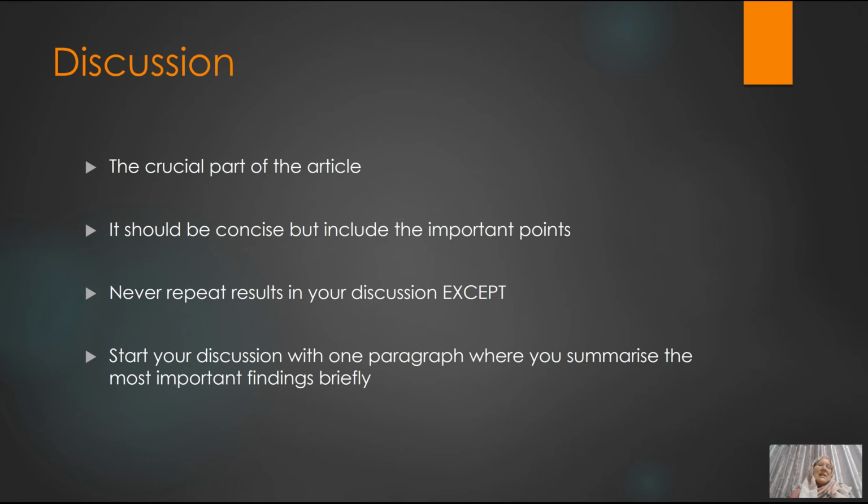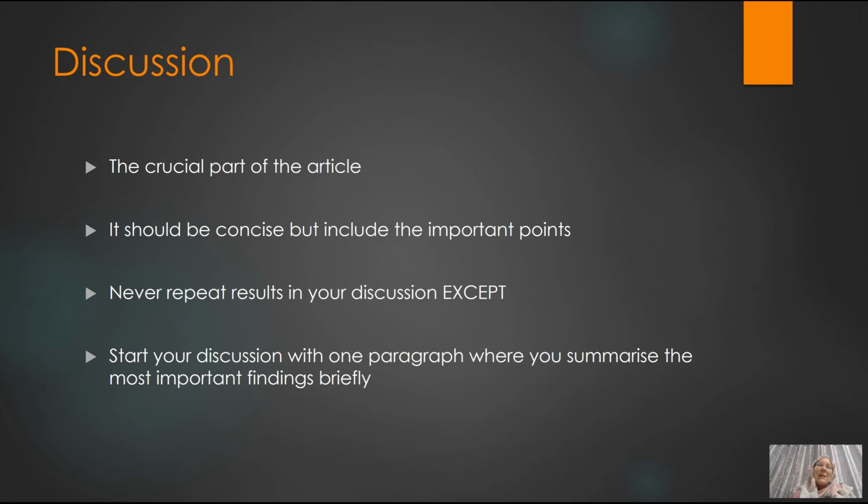Now we come to the discussion, and the discussion is the crucial part of the article. It should be concise, but include the important points that you found in your research. You should never, and this is very important, repeat results in your discussion, except for one point when you start your discussion with one short paragraph where you summarize the most important findings of your results very briefly.